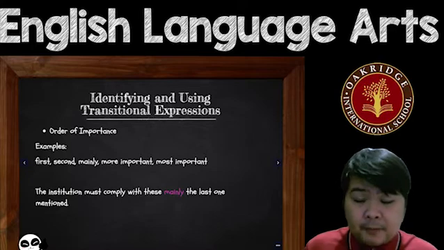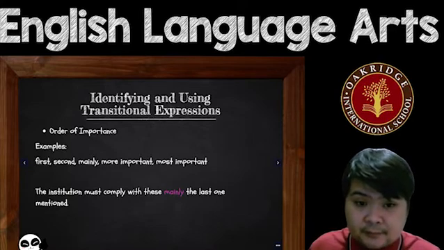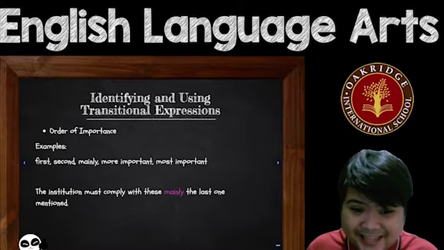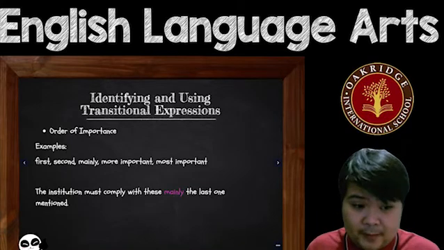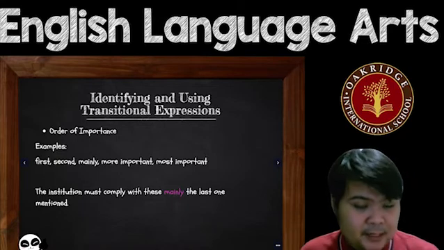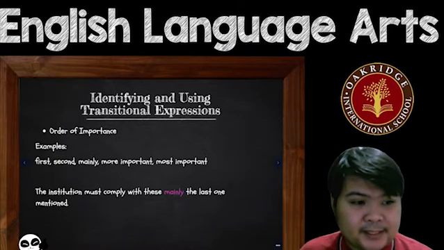That means there were probably a lot of things mentioned. And that the first thing or the priority, the one that you prioritize the most, that is much more important, is basically that one, the last mentioned. That's how it works for order of importance.